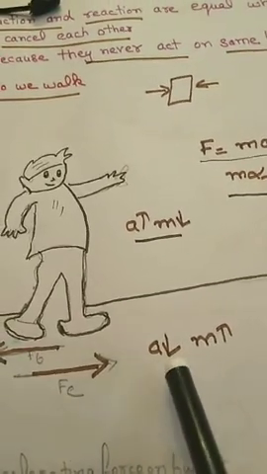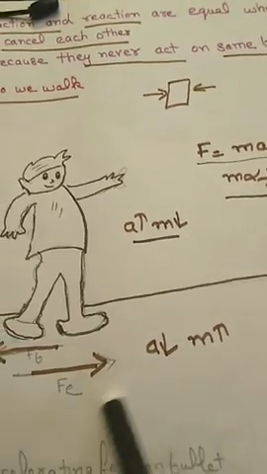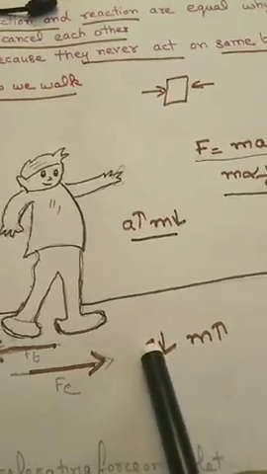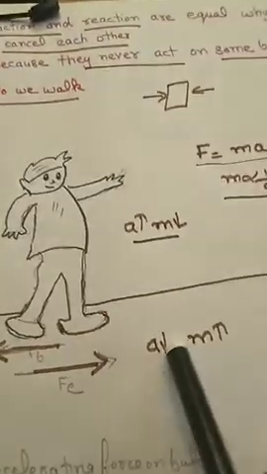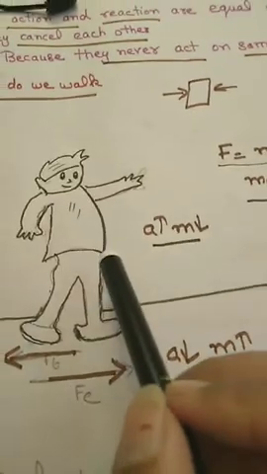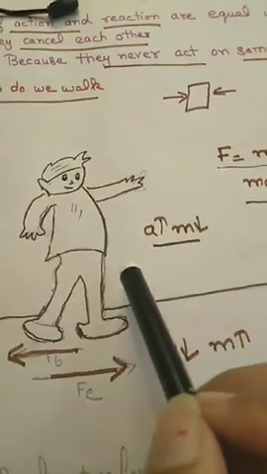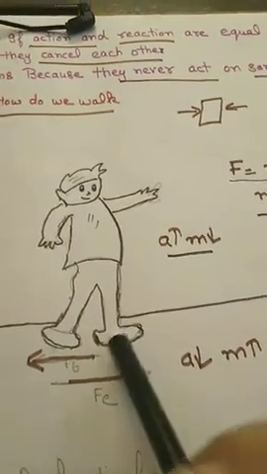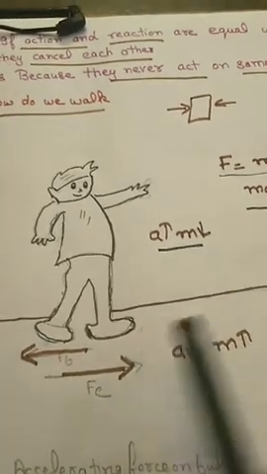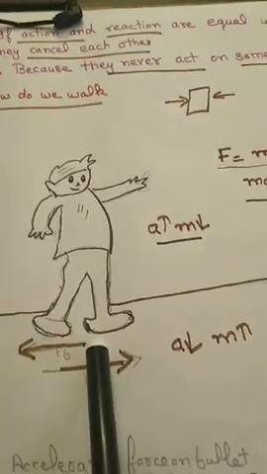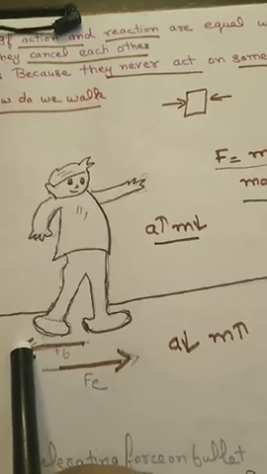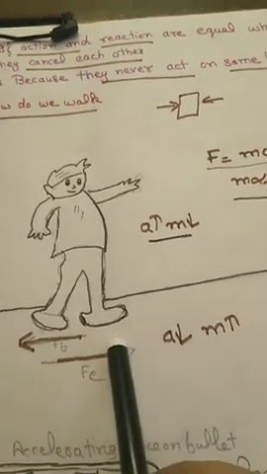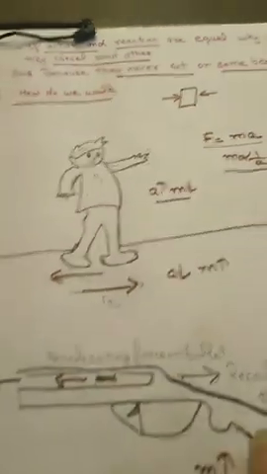The acceleration produced by the earth, that is the ground, is very much lesser as compared to the acceleration produced by the boy. So that's how we can walk on the ground. Action force in the backward direction, and reaction force in the forward direction.